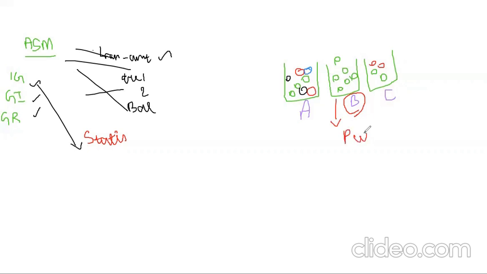Box C is less impure, that means two green balls and two red balls.